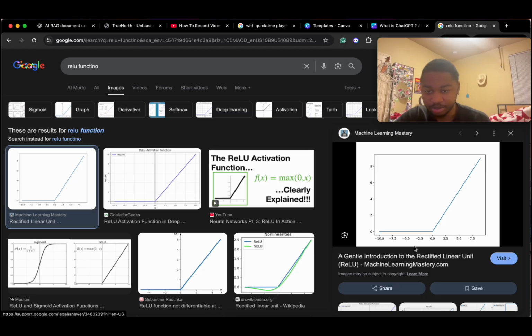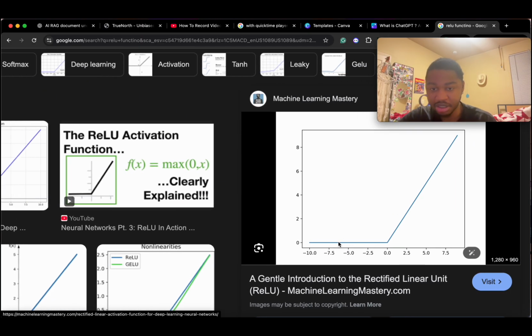And so essentially, it's a function that is 0 for all inputs below 0, and it's x for all inputs above 0. So essentially, it's like, okay, if the input is negative, just treat it as 0.